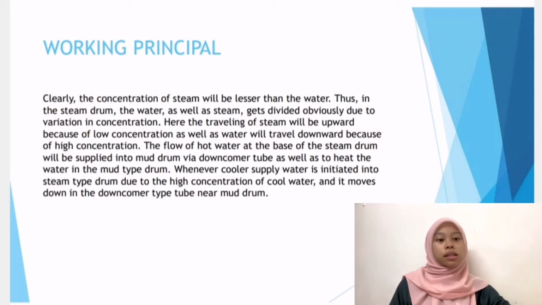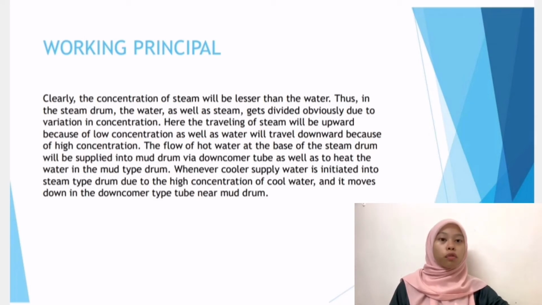Thus, in the steam drum, the water as well as steam get divided obviously due to the variation in density. Here, the steam will travel upward because of low density, while water will travel downward because of high density.